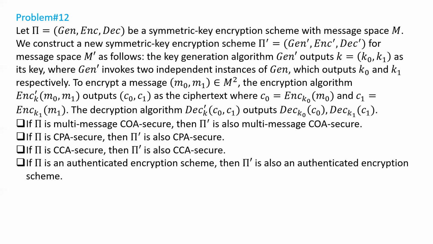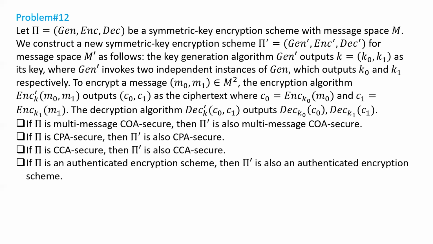So Q number of ciphertexts Ci1 are with respect to key K0 and the original scheme pi, and the adversary is also able to see Q number of ciphertexts of the form Ci2 with respect to original scheme pi and the key K1. So the COA security of the modified scheme pi dash boils down to the multi-message COA security of the original scheme pi, right? No other extra information is available to the adversary from the modified encryption scheme. So we conclude that if pi is multi-message COA secure, then pi dash is also multi-message COA secure.